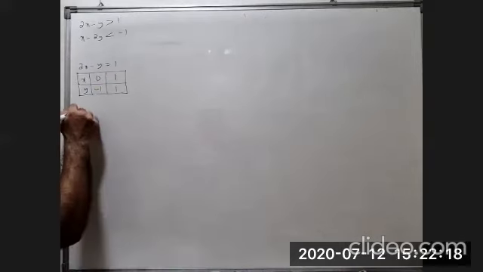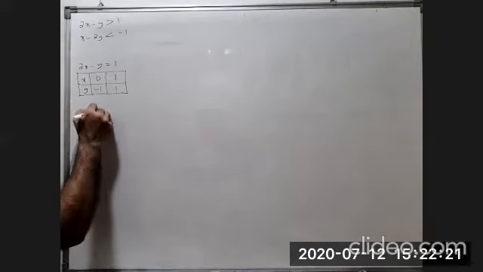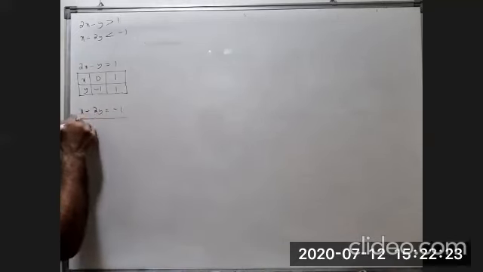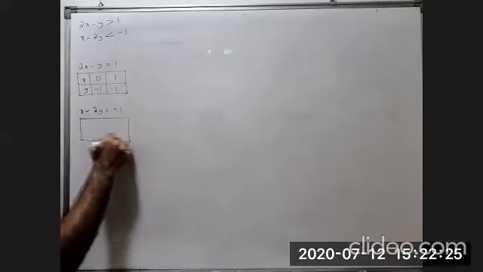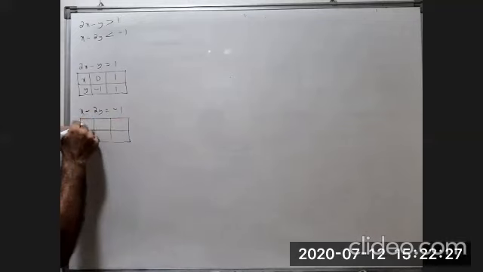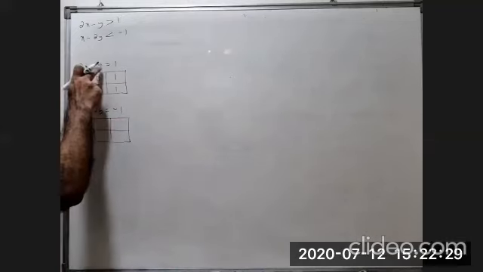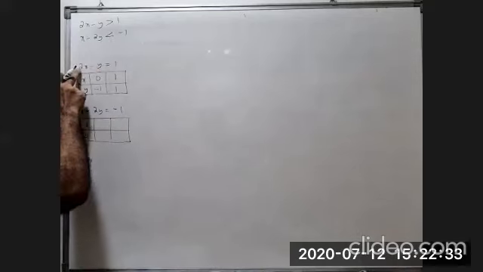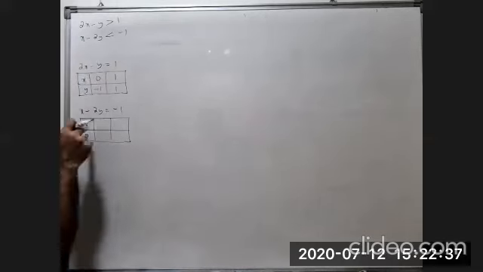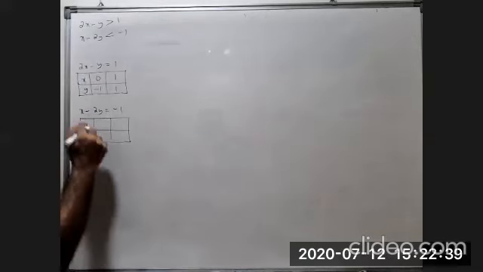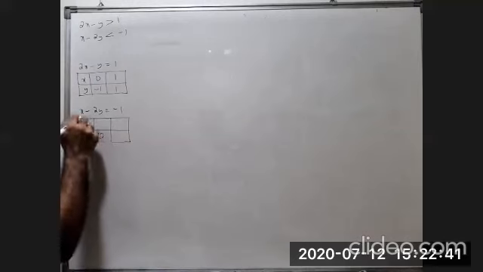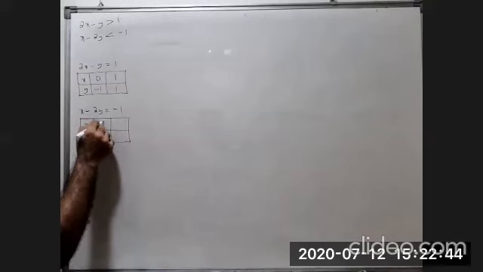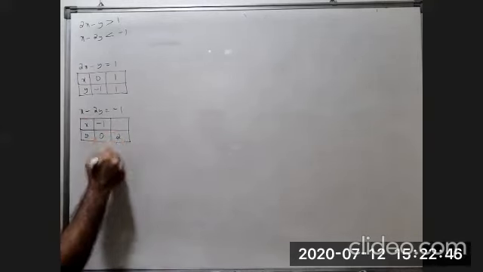Then for x minus 2y is minus 1. See here, the coefficient of y was minus 1, so we gave values for x first. After giving values of x, we found the corresponding value of y. Here, the coefficient of x is 1, so give values for y. For y is 0, x is minus 1. Then give y is 2.